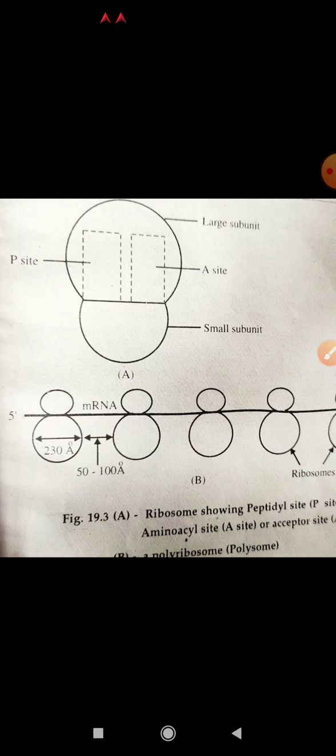Activation of amino acids, and due to activation they are transferred to the tRNA, then initiation of polypeptide chain formation, that is protein chain formation, then its elongation, we call it chain elongation, and lastly somewhere this chain should terminate, and this step is described as termination, chain termination or termination of polypeptide chain.